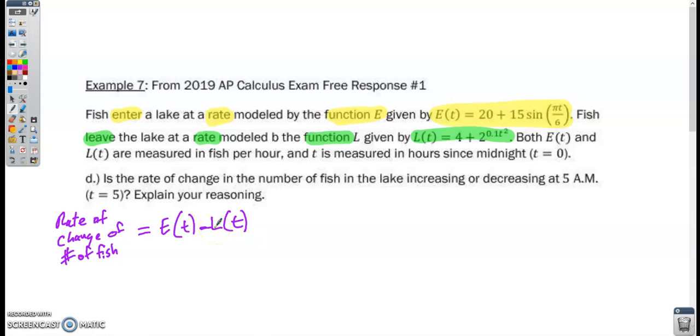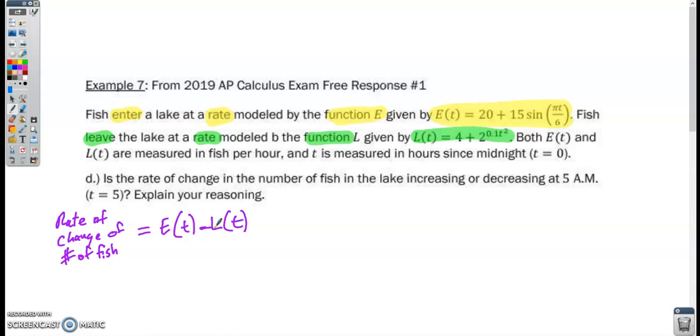Now, question D here, which we're answering, is the rate of change in the number of fish in the lake increasing or decreasing at 5 a.m.? Explain your reasoning. So when we're talking about whether the rate of change is increasing or decreasing, we're actually talking about the rate of change of the rate of change.